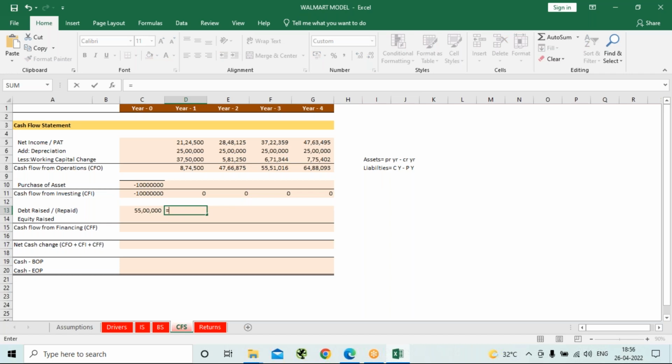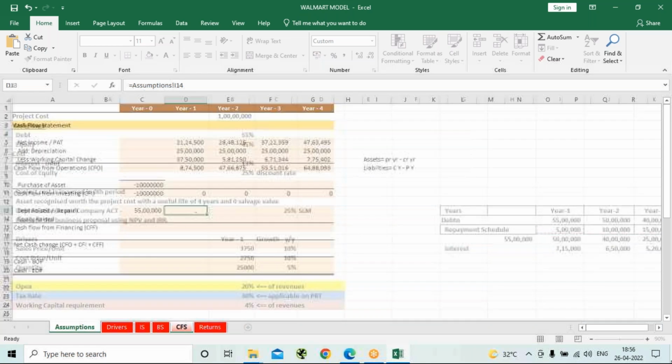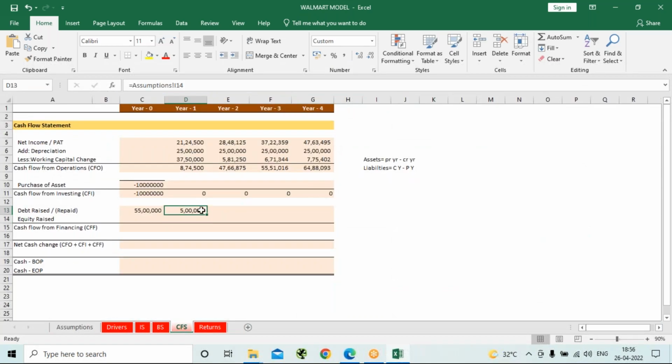But it was cleared from the next year onwards with partial amounts. That was a repayment schedule. Let me drag this value. You can see the total sum of the value is 55 lakhs. Here it asks how much debt was raised and how it was repaid, so we have taken the values from the assumptions.